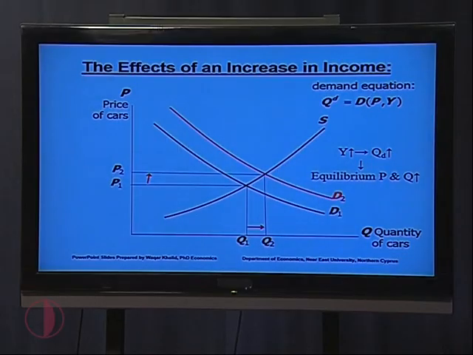We are increasing the income of the consumer, and we are interested to show how a change in income affects the quantity demanded. If the consumer's income increases, the consumer has more purchasing power and more money to spend in the market.